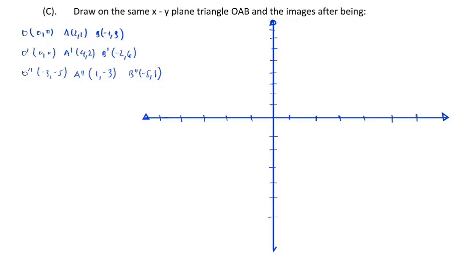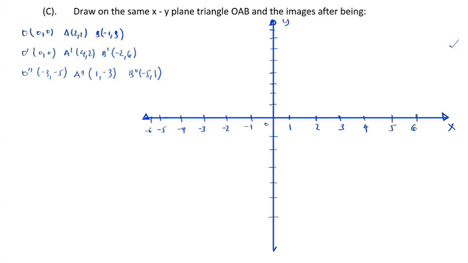Okay, so let us sketch. So this line is for X values and the other one is for Y values. Okay, so let us just label the values for X. So here is 1, 2, 3, 4, 5, 6, and here is 0, and on the other side is negative 1, negative 2, negative 3, negative 4, negative 5, and negative 6.